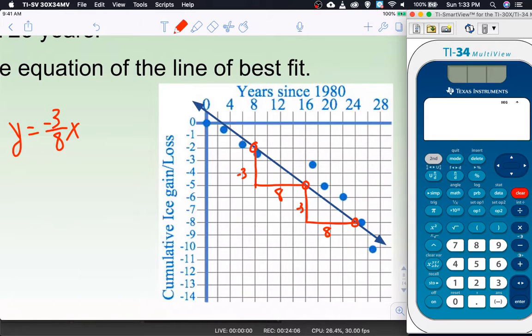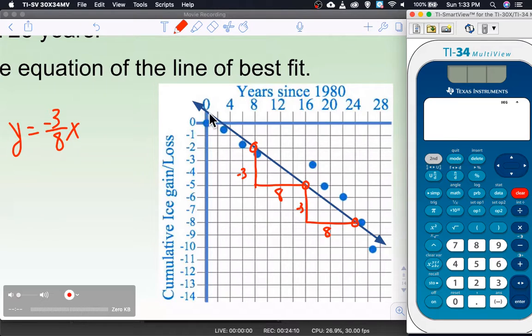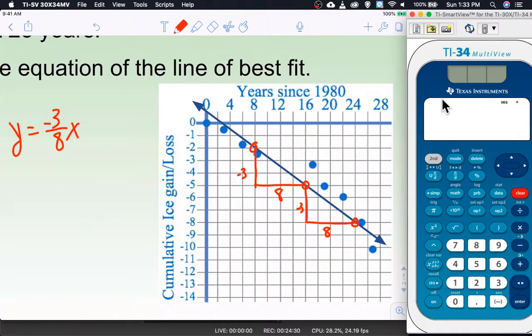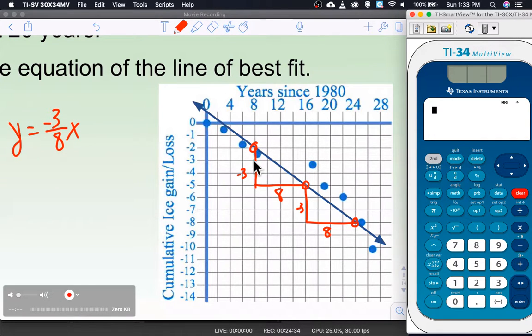The only other piece I need is my y-intercept. Now we could estimate this and go, it looks like it's probably +1. We could take one of the points, not the dots on here, but one of these 3 points that I've highlighted, the place where we know exactly the value of the line, and I could plug one of these points in for x and y and find my b value. I could also work my slope backwards. Check this out.